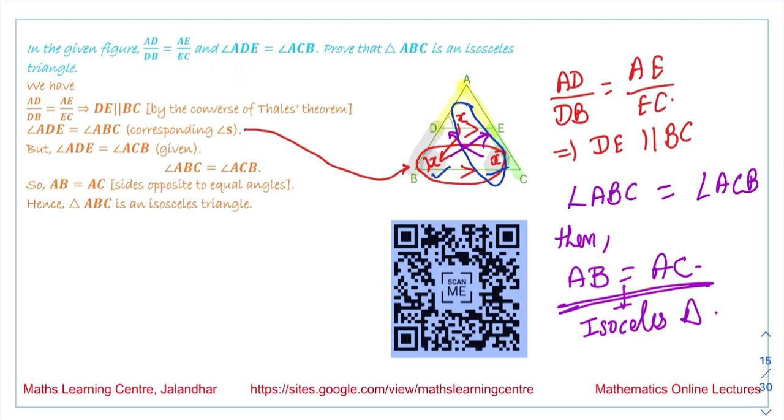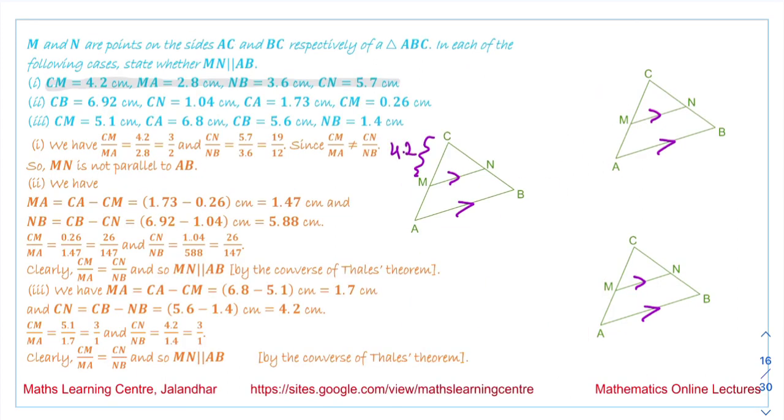In the first part it is given that CM is 4.2 centimeter, MA is 2.8 centimeter, NB is 3.6 centimeter, and CN is 5.7 centimeter.